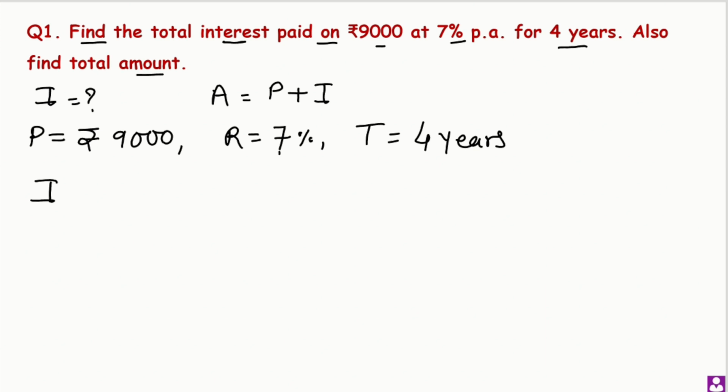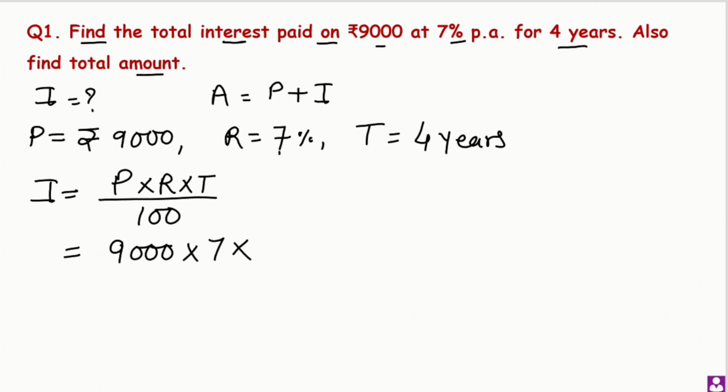Now we need to find I, which is P times R times T over 100. Now substitute all the given values. 9,000 times 7 times 4 over 100.